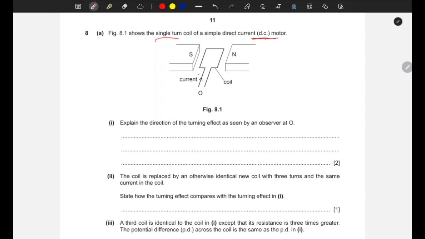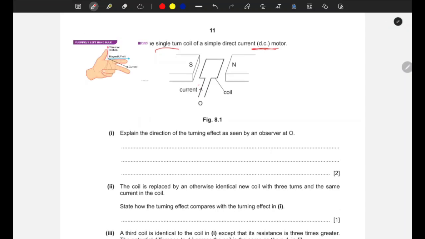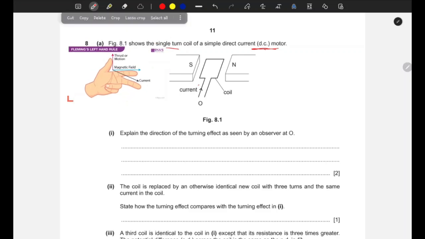Explain the direction of the turning effect as seen by an observer at O. For this question, to determine the direction of the force, we can use Fleming's left-hand rule. So this is Fleming's left-hand rule. Let me just zoom in.